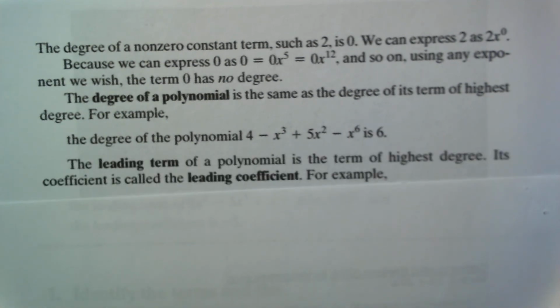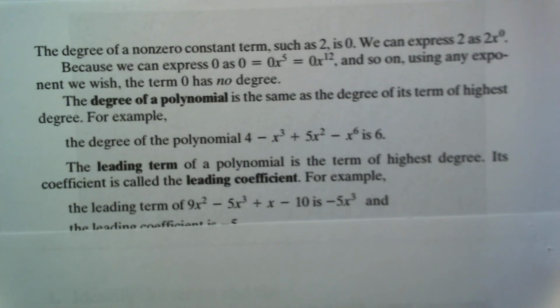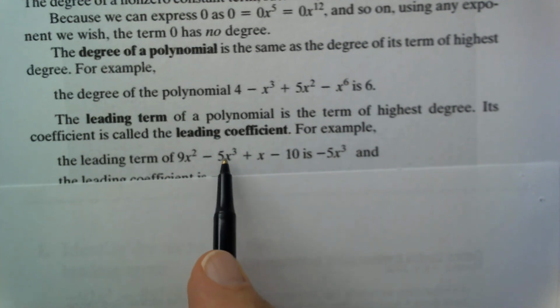Then we talk about the leading term of a polynomial, and that is a term of the highest degree. And then its coefficient is called the leading coefficient. For example, when we look at this polynomial 9x squared minus 5x to the 3rd plus x minus 10, the leading term is minus 5x to the 3rd, because it's the term with the highest degree.